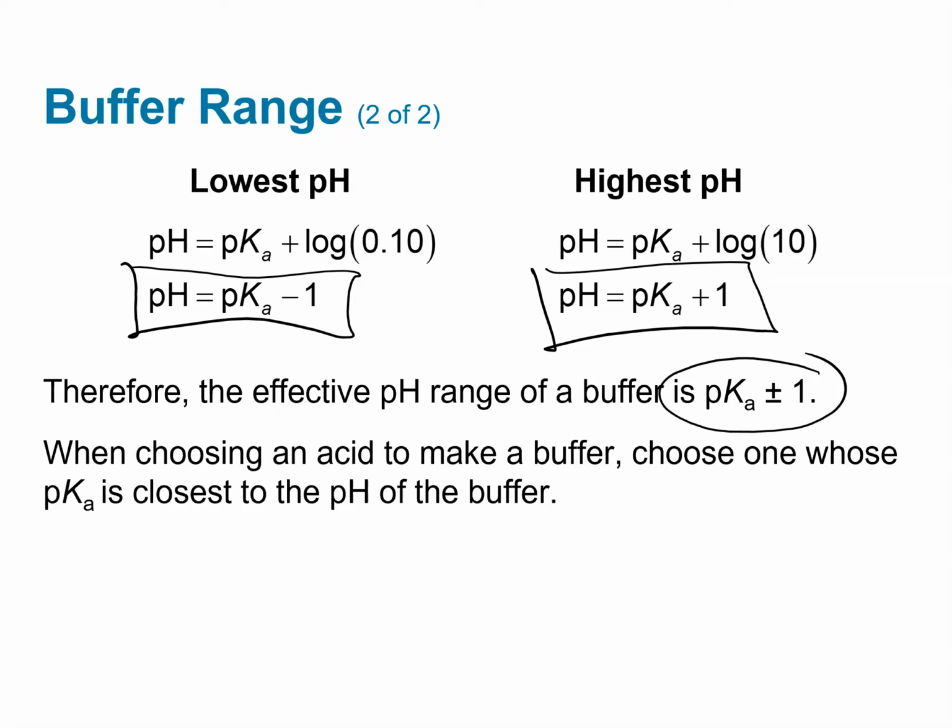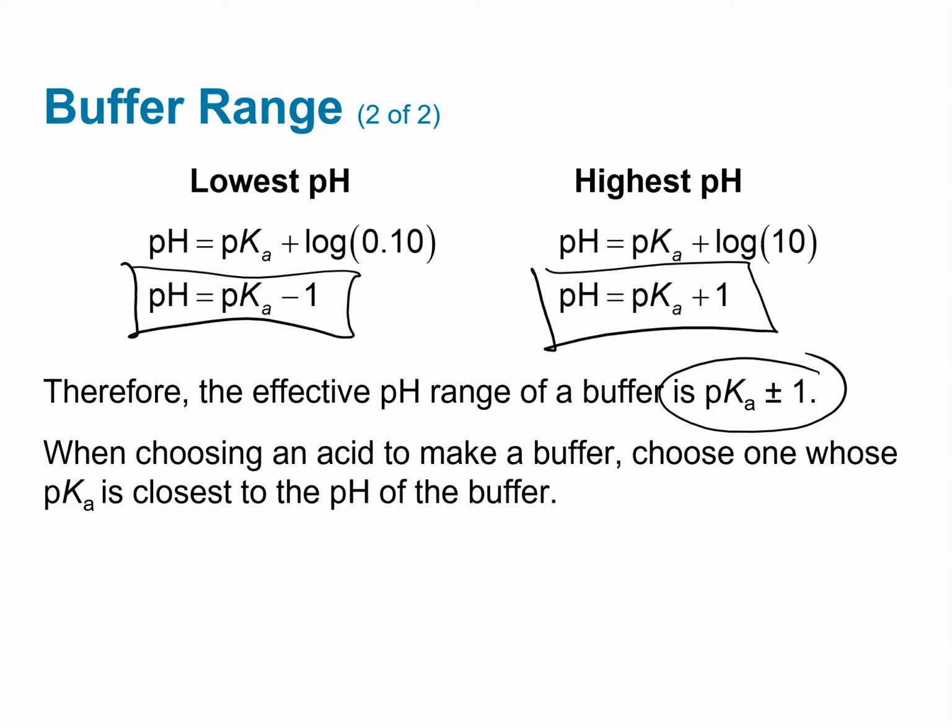Now remember, if we go back all the way to the beginning of this lecture, which was a long time ago, to be fair, remember when we added 0.100 moles per liter acetic acid and 0.100 moles per liter sodium acetate, we developed an equimolar ratio of weak acid to conjugate base, and the pH of that was 4.7. Well, the pKa of acetic acid is 4.7.